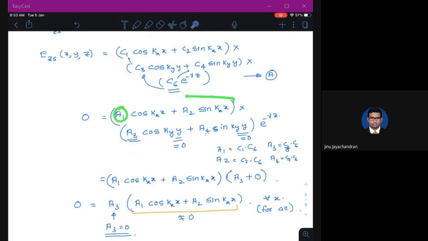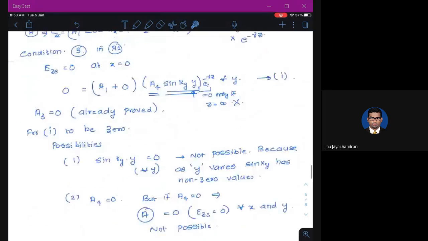If I make A1 equal to 0, this term will be 0 for all x and y, which means EZS will always be 0, which is not possible. If I make A4 equal to 0, the complete term will always be 0, which is not possible because Ez is not equal to 0 inside the dielectric.